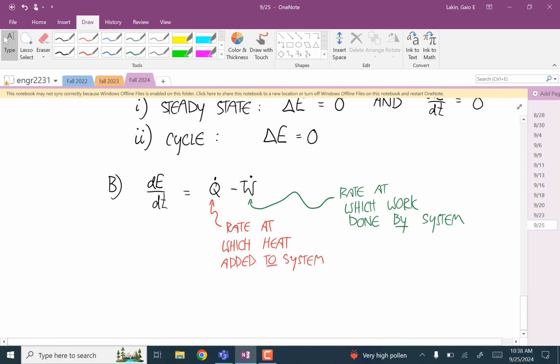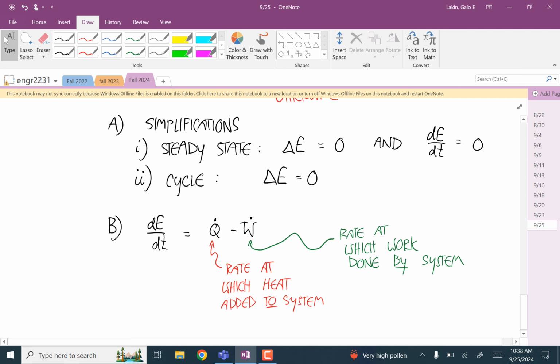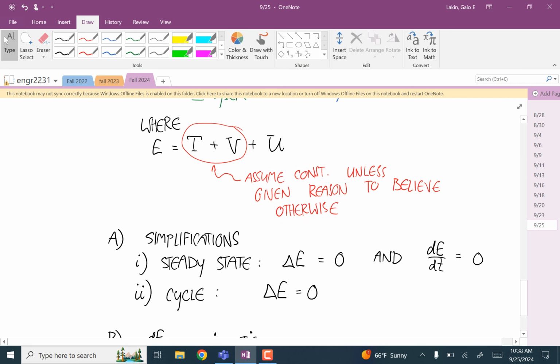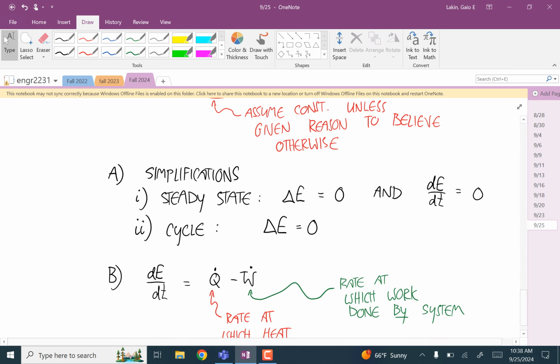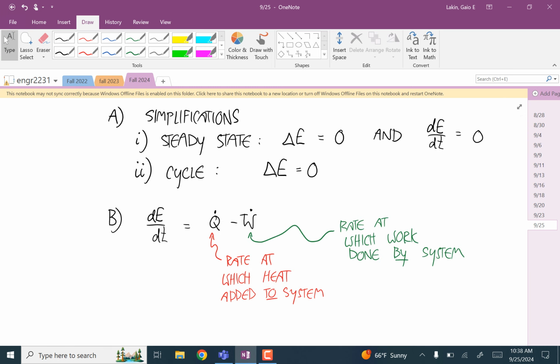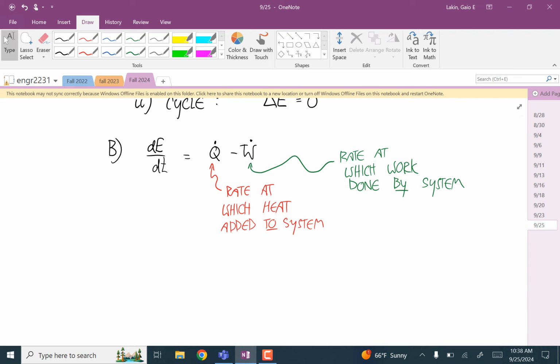There are times when you see a problem and you're not totally sure whether you want to use this form of the first law or the differential form of the first law. Here are some indicators that you want to use the differential form.